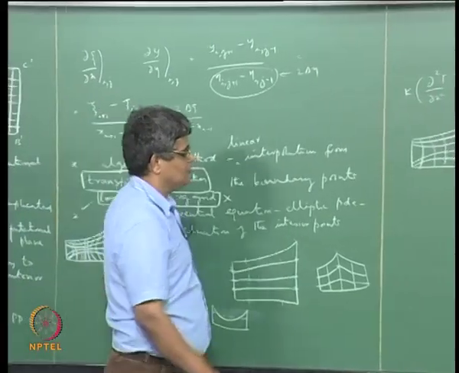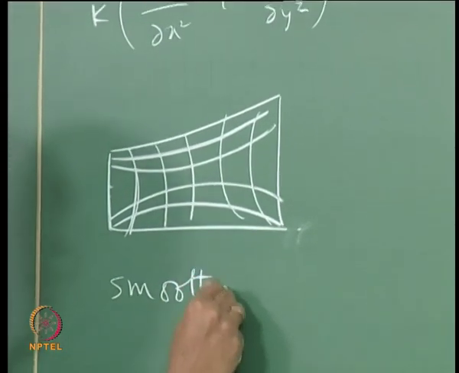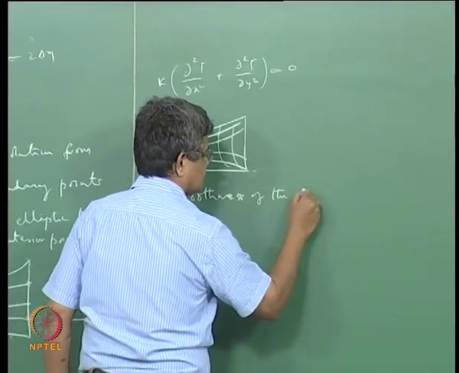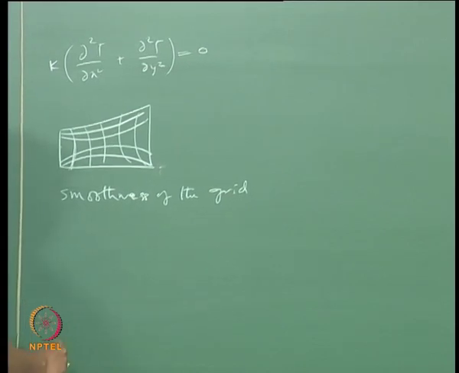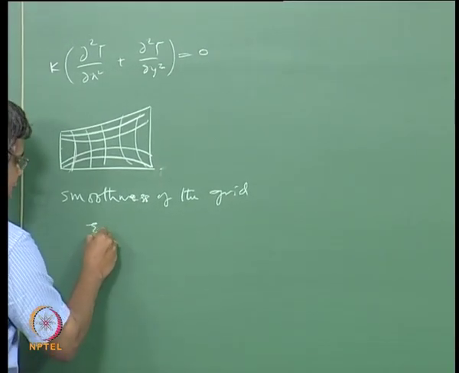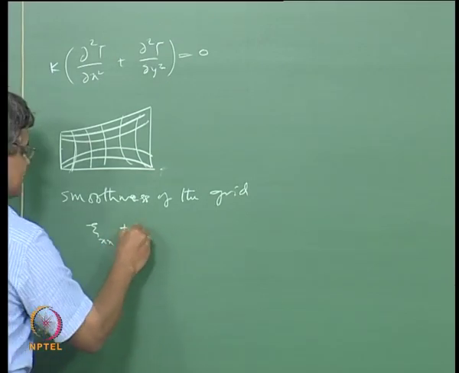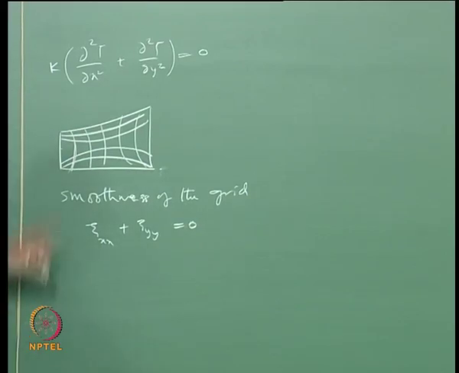So in order to maintain smoothness, we would like psi to satisfy the Laplace equation, that is psi xx plus psi yy should be equal to 0.